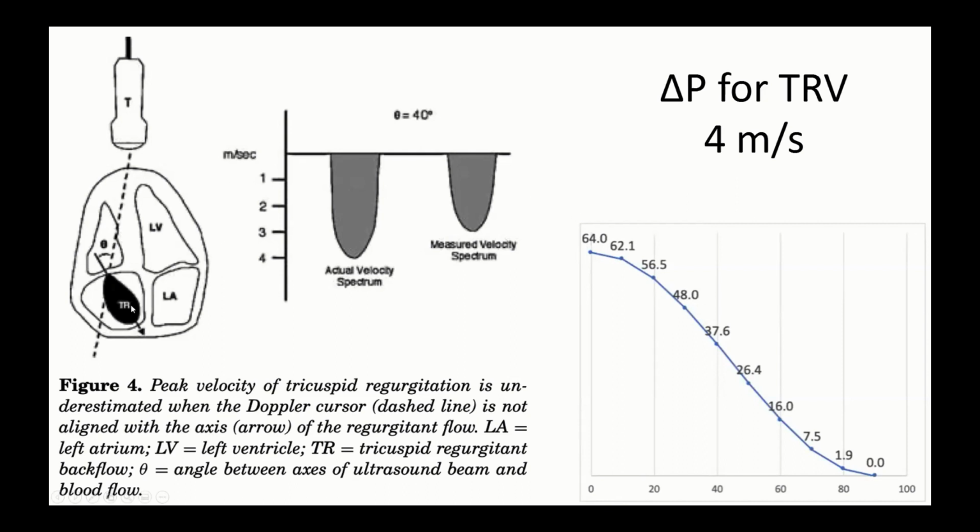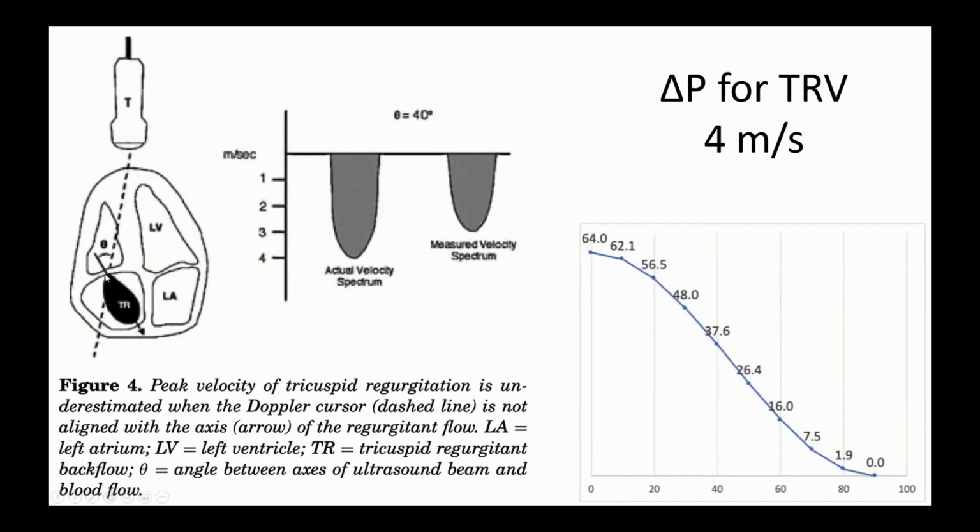So here's an example of peak velocity, how it changes if your theta, which is the angle away from being exactly in line with the jet, is 40 degrees. So you have to be just careful. If you're not sure where the regurgitant jet is, you can always underestimate the jet, but you cannot overestimate the jet. So if you get 2 measurements and one is higher than the other, stick with the higher measurement. I said this as a standard rule.